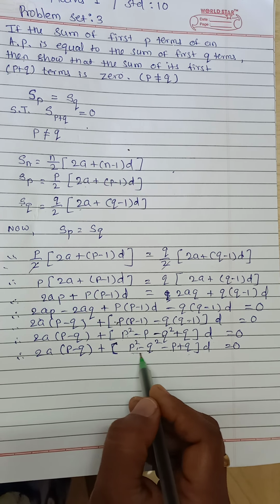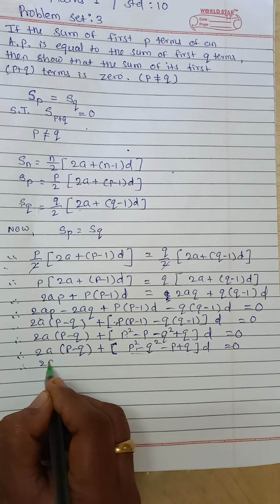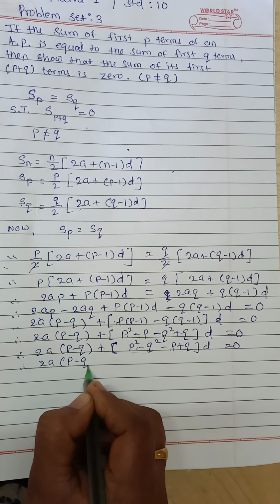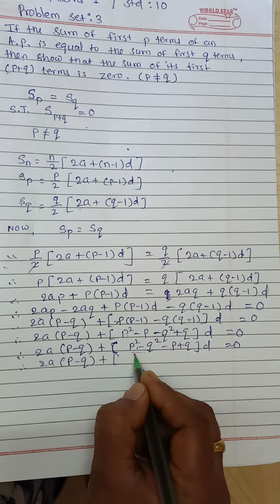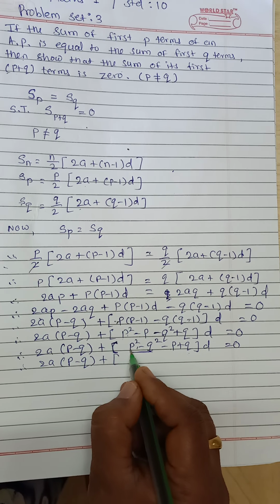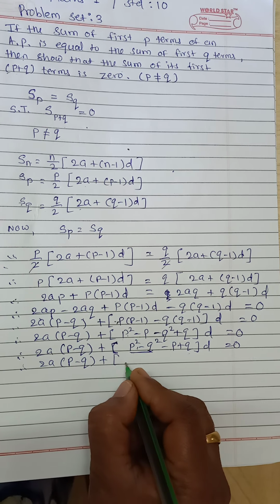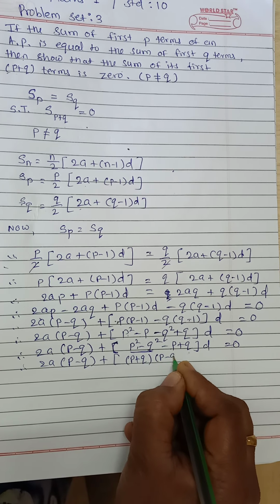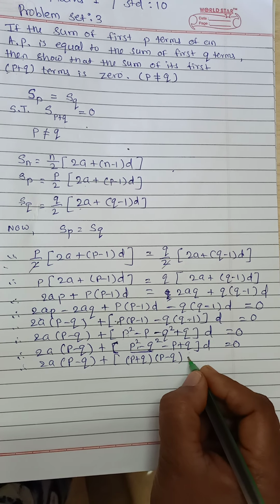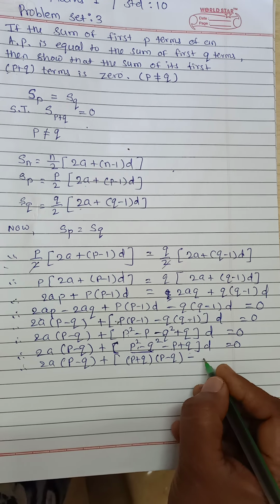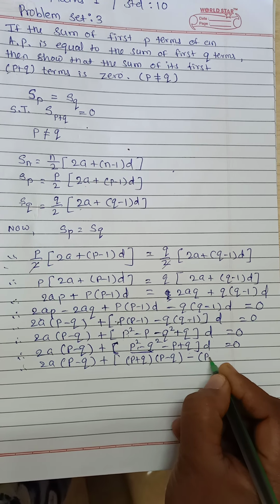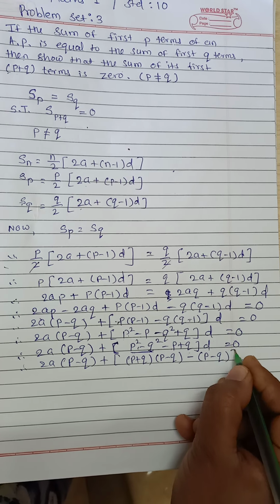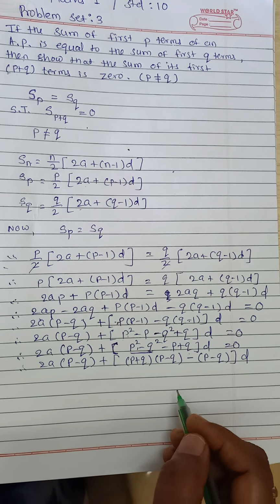Now we'll write this together. This copy as it is. We can use the formula of x square minus y square, that is (p plus q)(p minus q), and from this we'll take the minus sign outside, so it will become (p minus q).